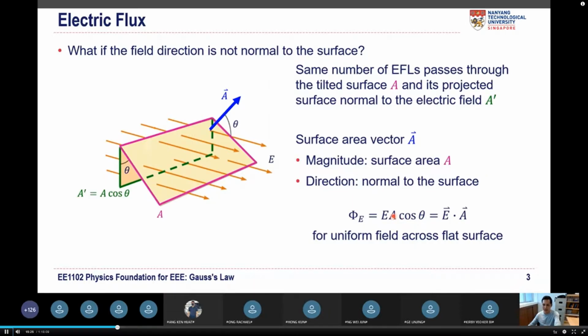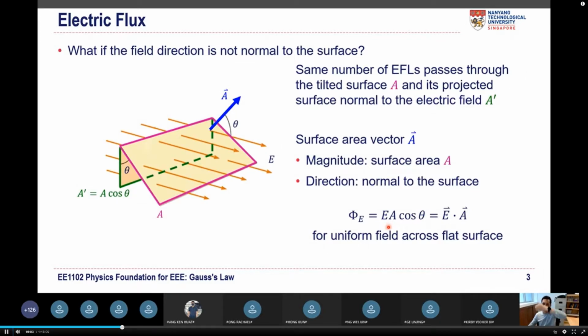Actually, we can work out that if theta is 90 degrees, there are going to be no lines passing through that area, because the surface area is now pointing up, and the electric field is pointing in this horizontal direction. That's also represented in this equation, because in that case theta is 90 and cosine of 90 is 0, so the whole thing gives us 0.